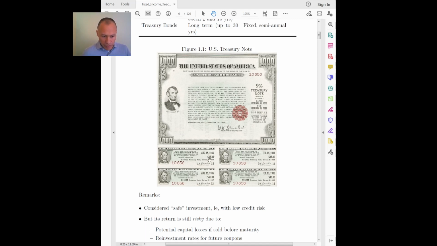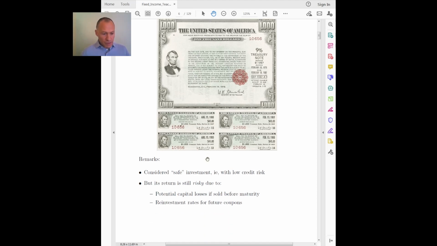So $45 in each coupon, right? Which means that the coupon rate, this 9%, is actually paid twice per year. In each payment you get 9% divided by 2, so 4.5% times $1,000 gives you this $45. So again, we're still going to use these words of coupons and so on.